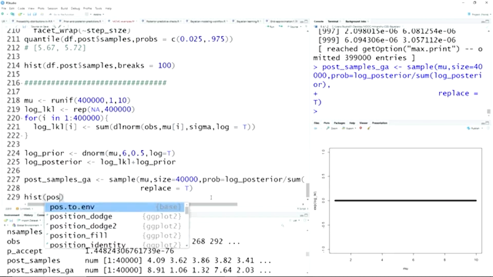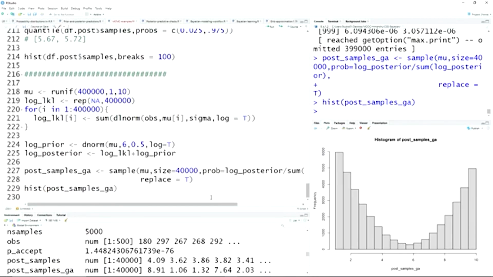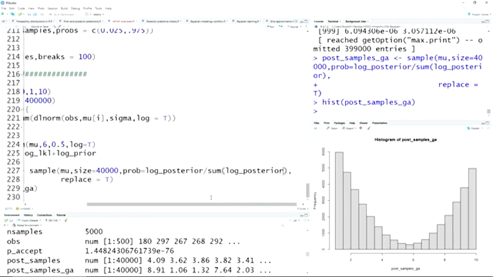Let's see how they look. They look really weird. Okay, so I don't know, I just wanted to use them as weights.